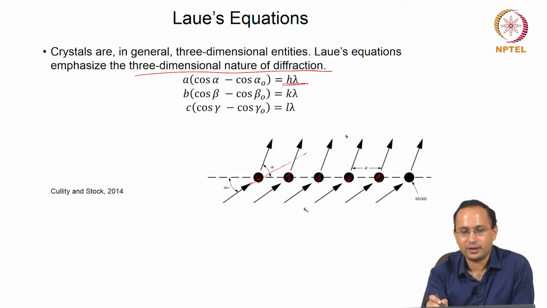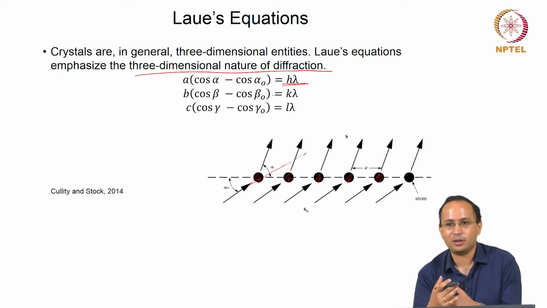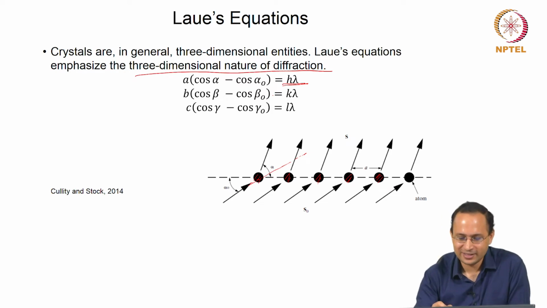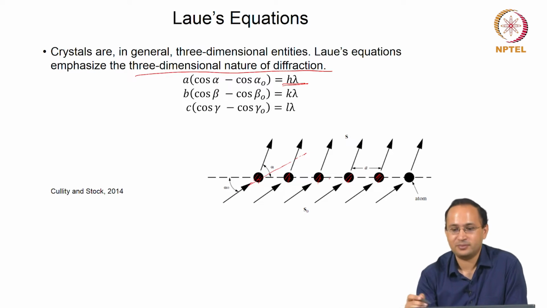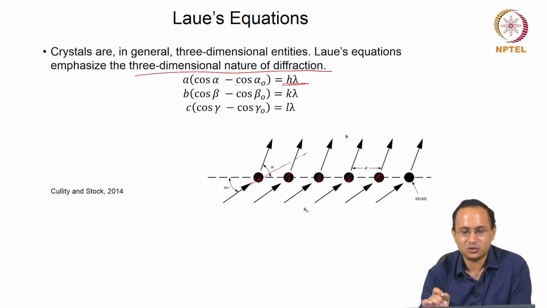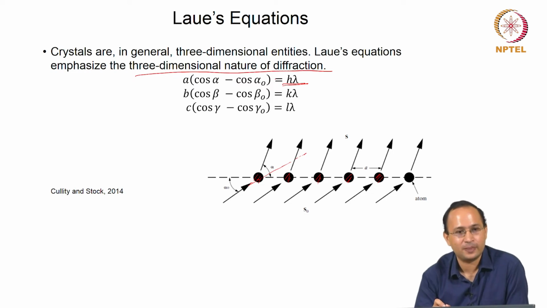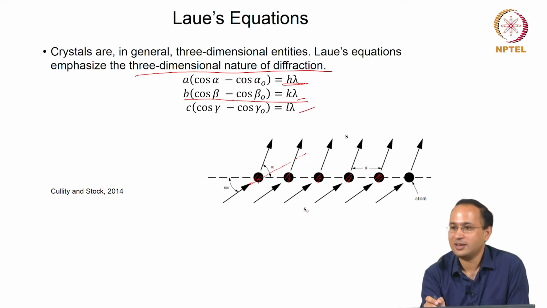You can calculate the path difference with the same principle, right. In this case the situation is a little bit different, right. So, you have a here and it is just a good exercise to see if you are seeing the same thing. So, it can be written as a times cos alpha minus cos alpha 0 equals h lambda. Similar thing can be written in the other direction, b times cos beta minus cos beta 0 equals k lambda. Same thing can be written in the third direction.